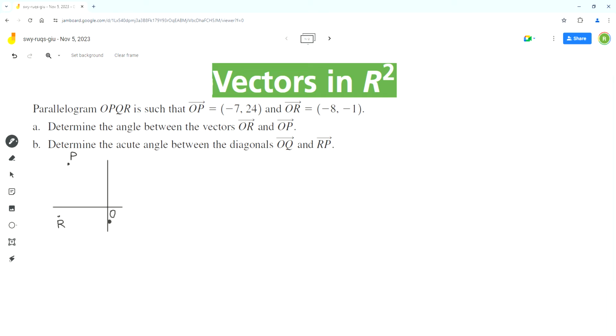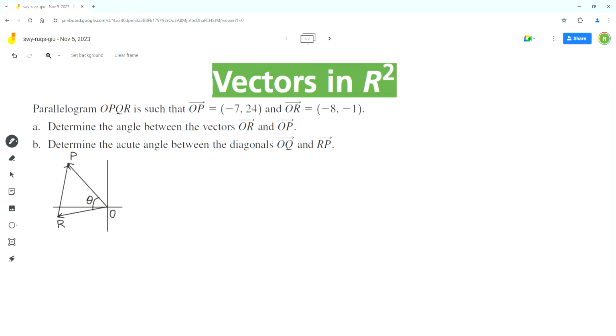So now we can draw the vectors. Now if we join point R with point P, we get vector RP. Now we have to find angle POR in this triangle, so this angle theta.